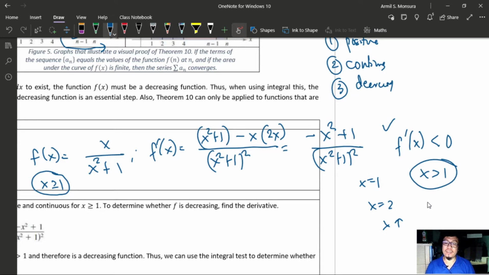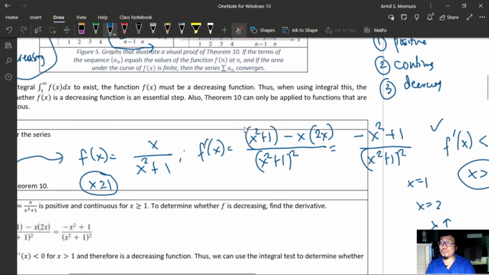Again, a function is decreasing if its first derivative is negative. So for certain values of x, when the first derivative is negative, your function is decreasing.